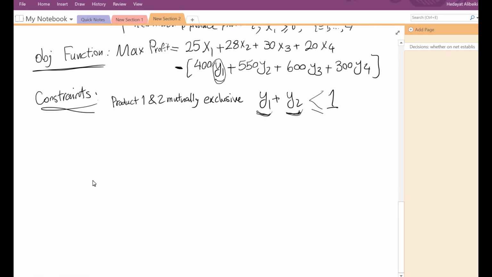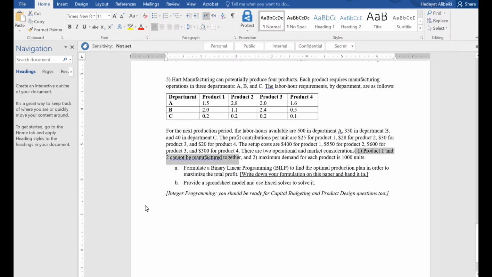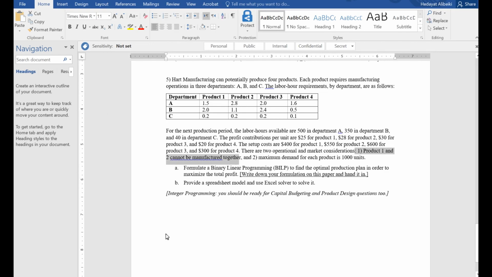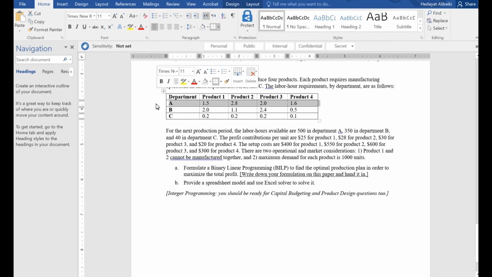The next thing that we have to define here is that we have limited resources. We have limited resources for labor hours in different departments. The total labor hours used from department A should be less than or equal to 500.